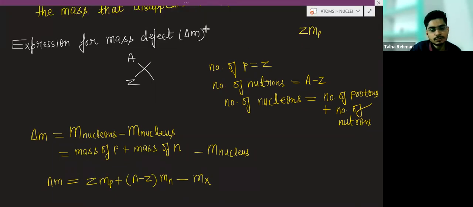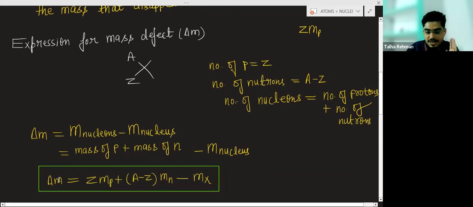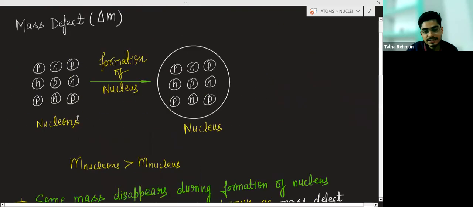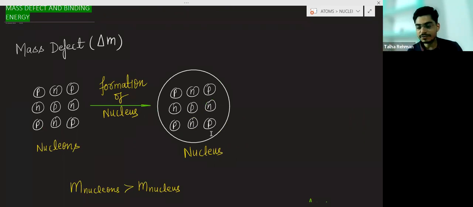Now what I told you, this is the mass defect, meaning some mass is disappearing in this process. And if some mass is disappearing, energy will be released. So during the formation of the nucleus, energy is released due to the mass defect, and that energy is known as the binding energy.